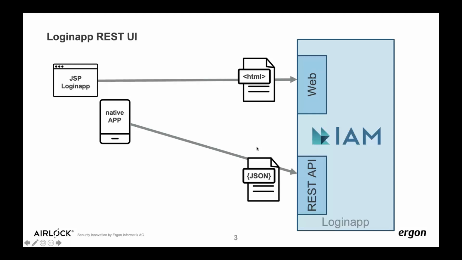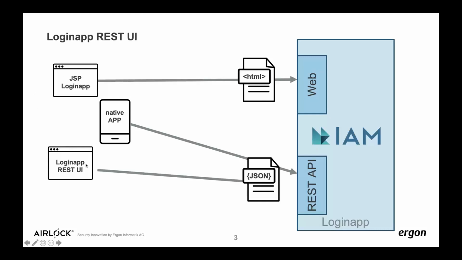Now, of course, the native apps with the new powerful flows being on the new world and the JSP login app still being on the old world didn't always have the same flow. And for us, a lot of features we needed to build double. We needed to build them in the web and in the REST API. That's why we created the new UI to replace the JSP login app, and the new UI we call Loginapp RESTUI.